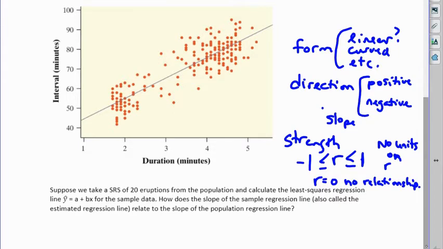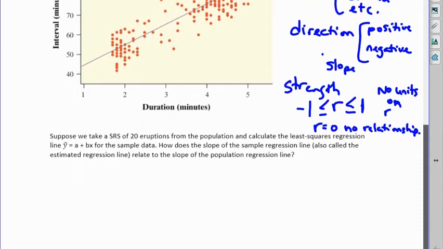So let's say, now that we know the population, let's say we take a simple random sample of 20 eruptions. So pretending that you didn't know the true population, you just went out there and did 20 eruptions, and you want to calculate your least squares regression line.